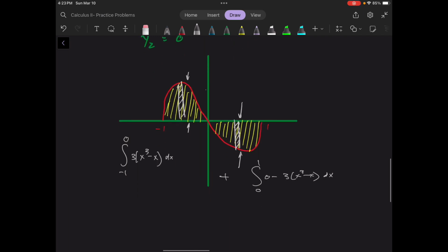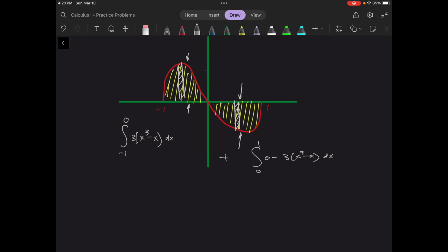So we can add up these two integrals, and once we plug in everything, well, let's see. We can pull the 3 out, integrate x cubed, you get 1/4 x to the 4. Integrate negative x, you get -1/2 x squared. We're going to evaluate that at 0 and -1. Also we could do this one.